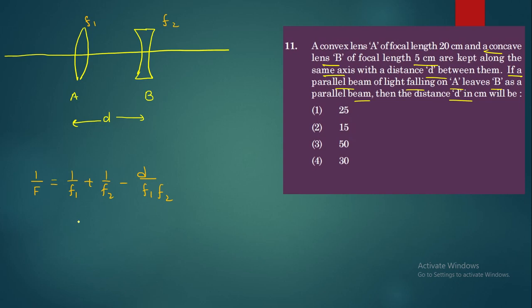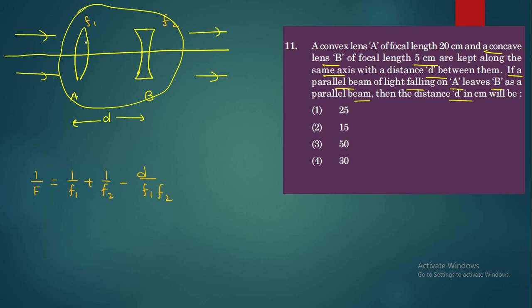Now the condition given in the question is that when a parallel ray of light strikes this convex lens, it emerges out of the concave lens as parallel, which means the power of the combination is 0, because the light is neither converging nor diverging.